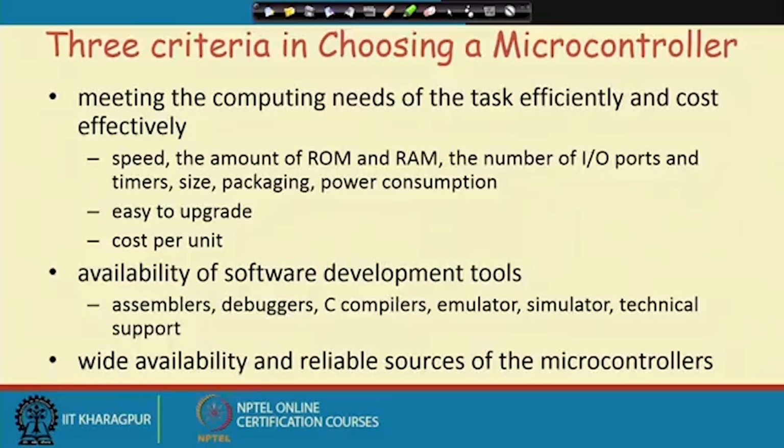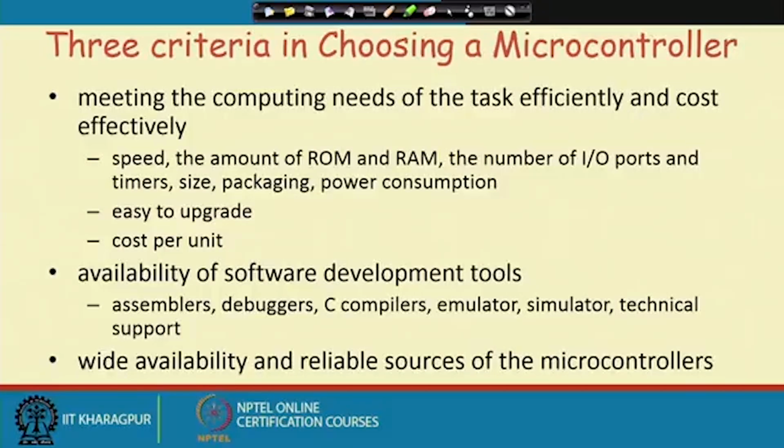So, which one to take? The criteria for choosing a microcontroller is, first of all, meeting the computing needs of the task efficiently and cost effectively. The speed of the processor should match my requirement, because most of the time these embedded applications are real time in nature.